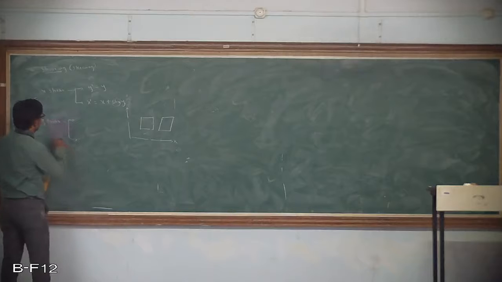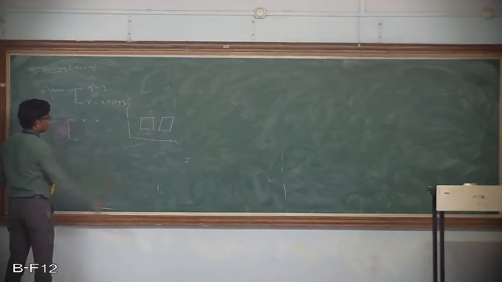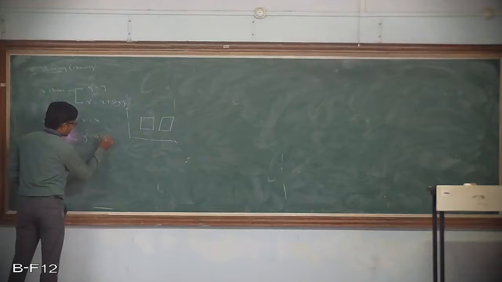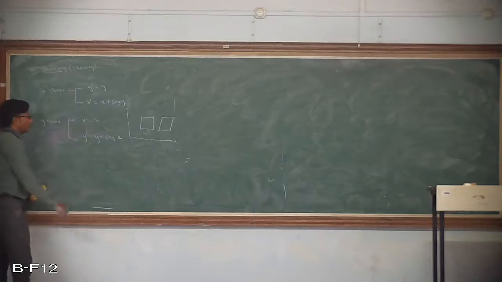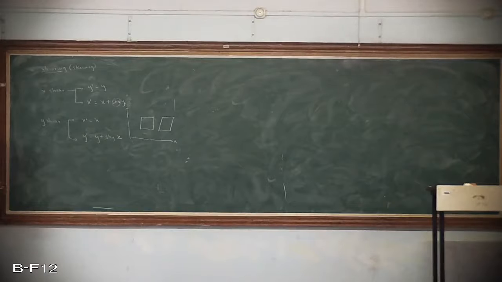In a y shear, the x coordinate remains as it is, so the y coordinate will be y plus shy into x. You need to remember these two equations whenever we are doing shearing operations.